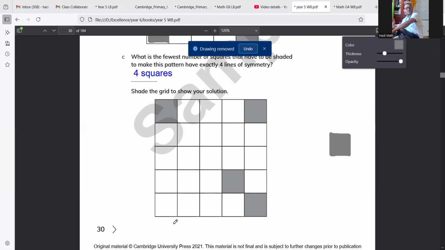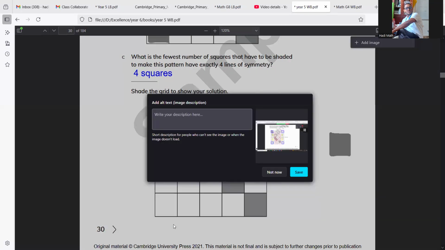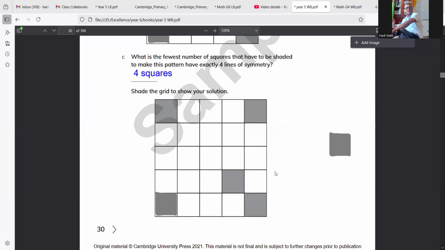Four lines of symmetry. I add the first one here, to be folded over this one and to make a line of symmetry. I add this one. So when I have a vertical line, this one will be folded over this one.